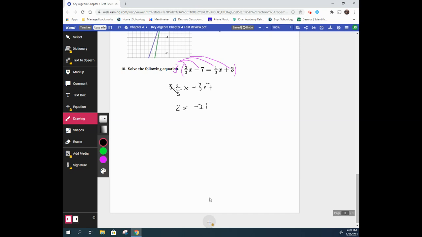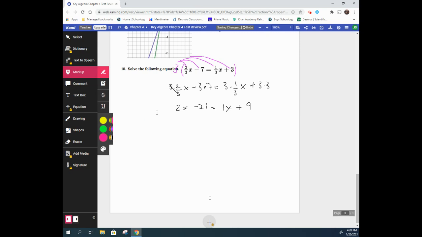That's times, not a decimal. And then 3 times 1/3 x, that's just 1x. Plus, I have to do 3 times 3, which is 9. And then I'm going to solve that resulting equation. I was just highlighting where all those 3's came from. It came from just that distributing.